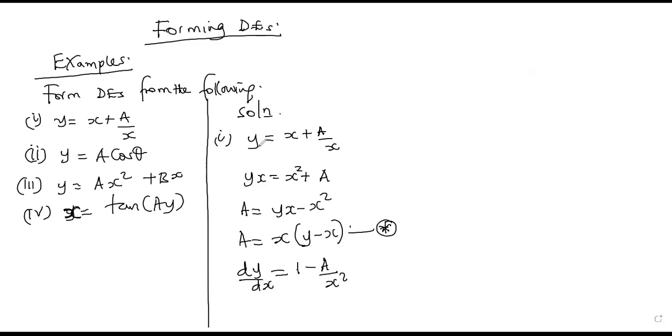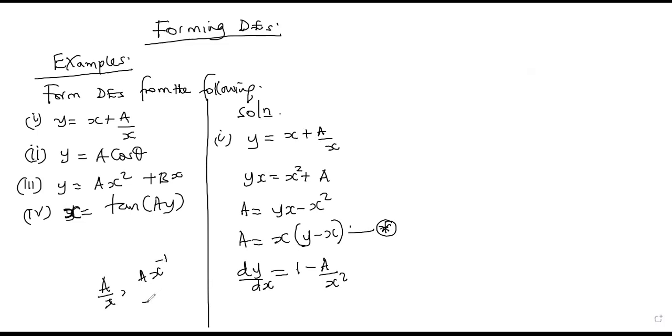Then I come back to my equation and differentiate it, dy/dx. When you differentiate with respect to x, you get 1, while a over x is the same as a x to the power negative 1.